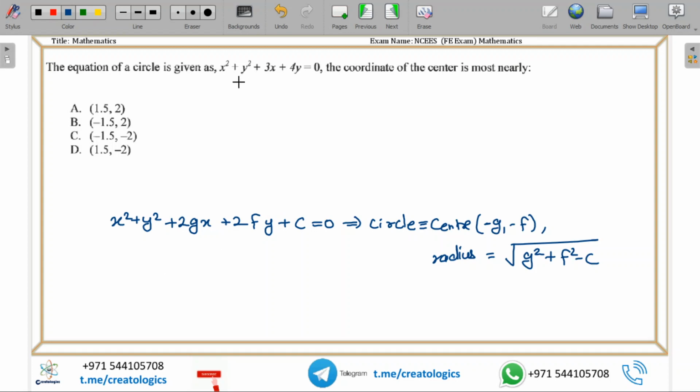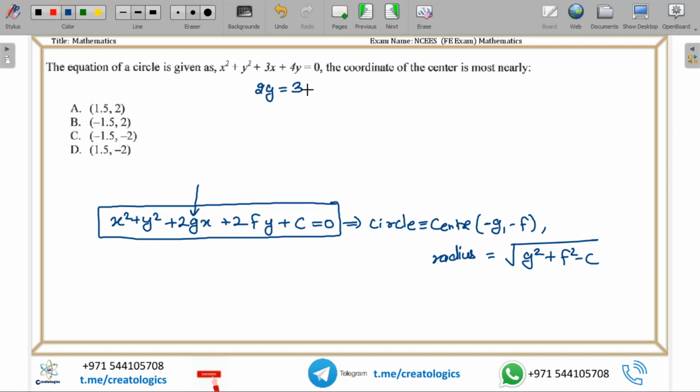Now our given equation is x squared plus y squared plus 3x plus 4y equal to 0. If I compare it with my general form, the coefficient of x is 2g and here it is 3, so 2g is equal to 3. Also the coefficient of y should be 2f and here it is 4, so 2f is equal to 4. So the value of g is 3 over 2 and the value of f is 4 over 2, which is 2.